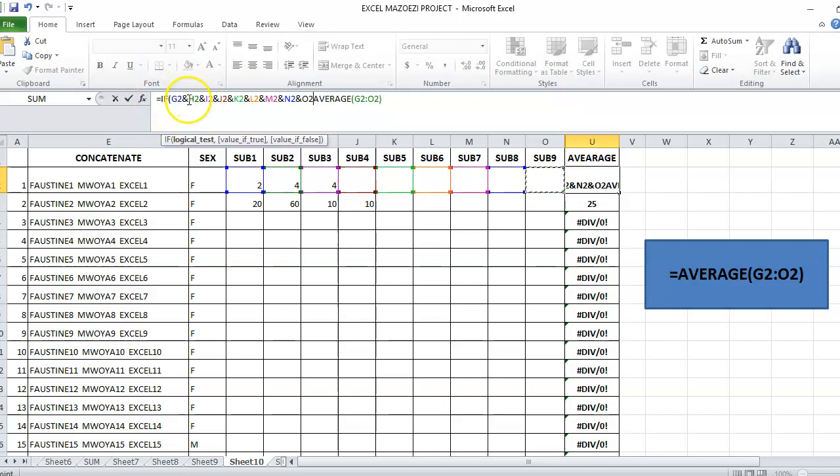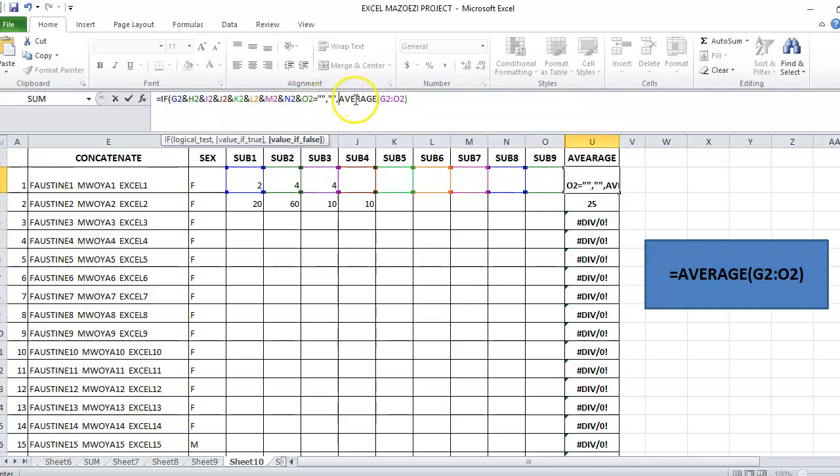This means that when all these cells, the total of all these cells, has nothing, the double quotation mark means nothing or blank, comma, also leave blank. The double quotation mark means nothing, blank, or space. So if all this is blank or has nothing, also leave space.